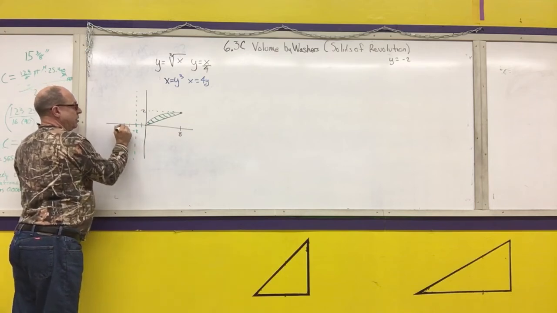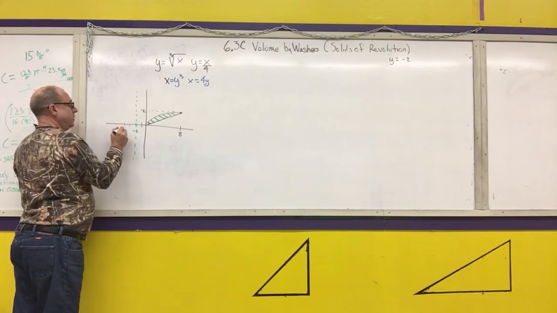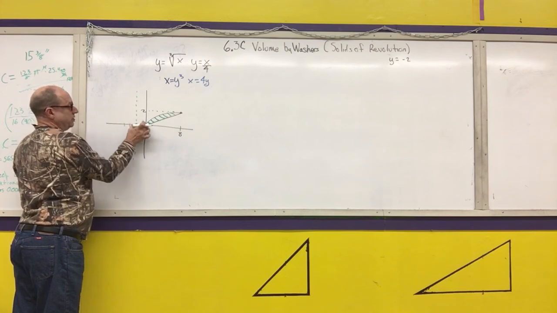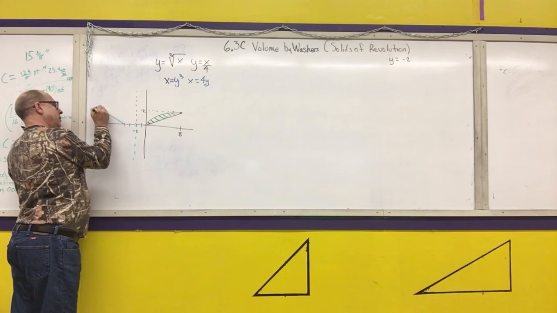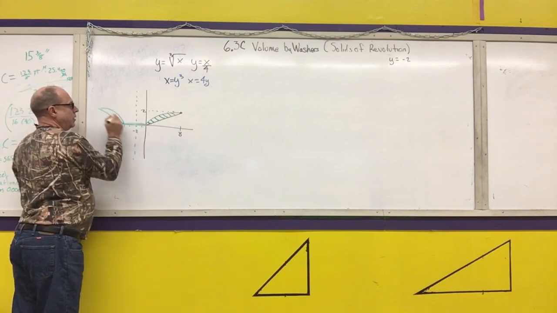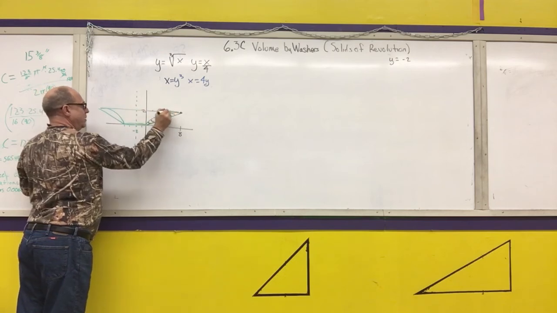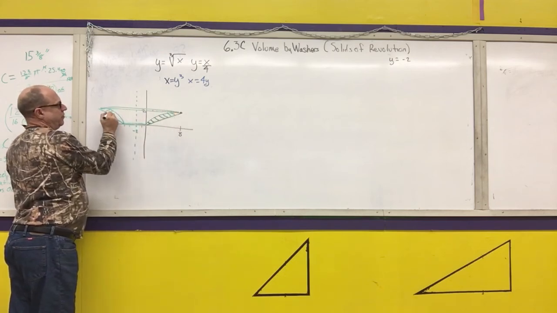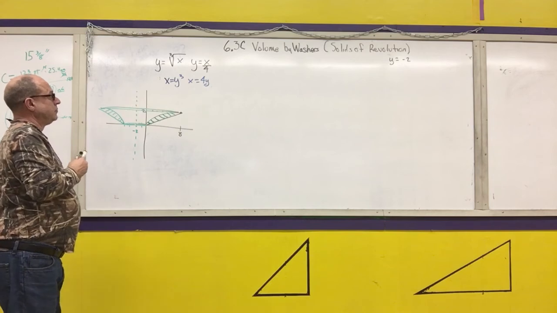So before I start drawing my other figure, since this gap of 2 here, I have to have a gap of 2 here. And that would be my solid of revolution.